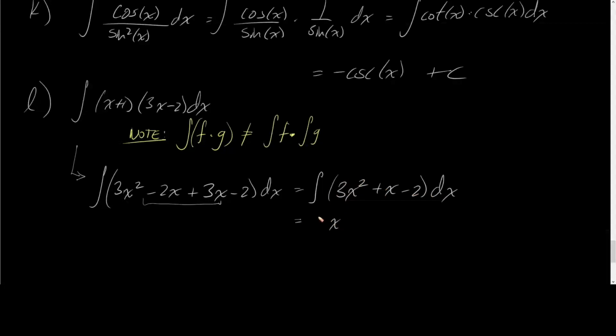Add 1 to the exponent, divide by the new exponent, add 1 to the exponent, divide by the new exponent, the negative 2x, finally plus c. Those 3's reduce, so our answer is x cubed plus x squared over 2 minus 2x plus c.